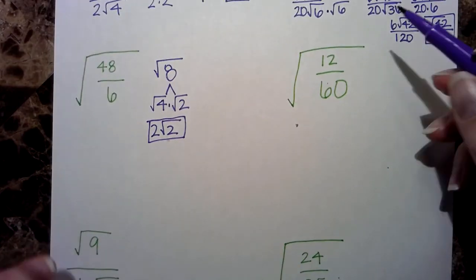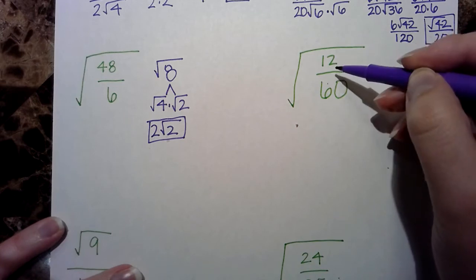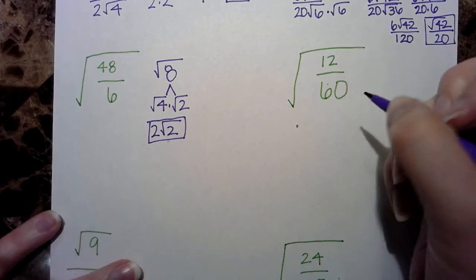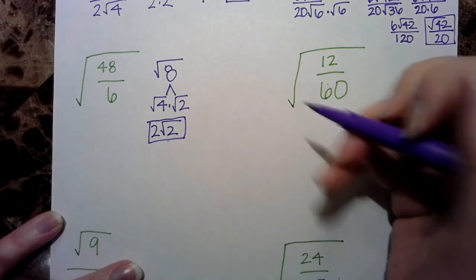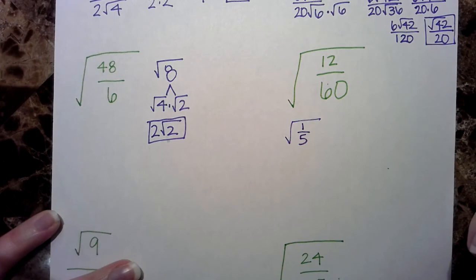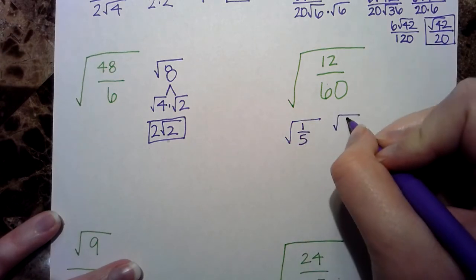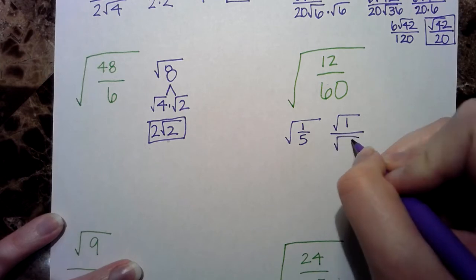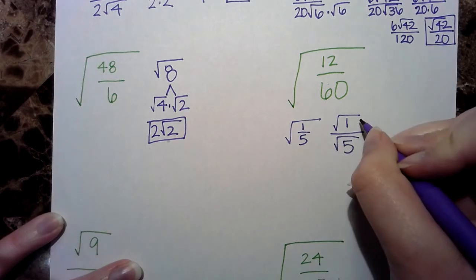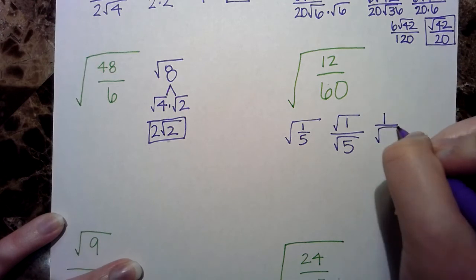Now I'm going to do the same thing over here, and I'm going to say, okay, does 12 and 60 have anything in common? They do, so it ends up being the square root of 1/5. Now that I have the square root of 1/5, I'm going to take the square root of 1 over the square root of 5. Square root of 1 just becomes 1, so it's going to be 1 over square root 5.